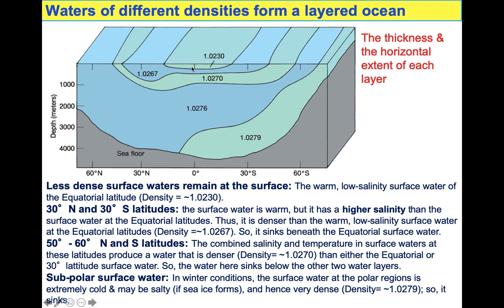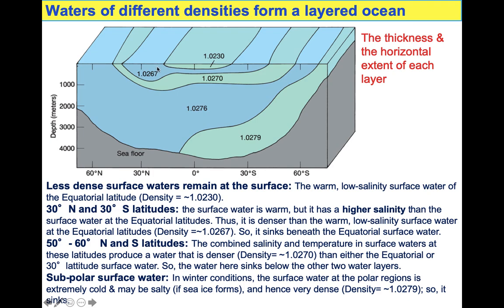But as we go north towards 20-degree north and south latitudes, towards higher latitudes, all the way towards 42 degrees north and 42 degrees south latitudes, the surface water is still warm because you're still getting high solar radiation. But at these latitudes, evaporation rates basically pace out the temperature changes.